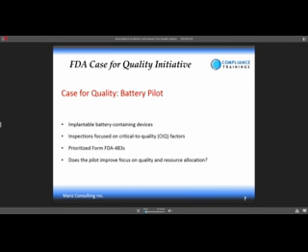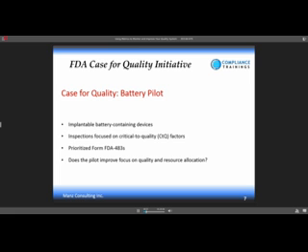So the FDA actually has a pilot going on for battery operated devices, implantable battery containing devices. And they are going to use this to establish critical to quality characteristics, CTQs, for these devices, and then base their inspections on that. So, the upside of that is that if your product quality metrics look good, it may mean you have less risk of being inspected.